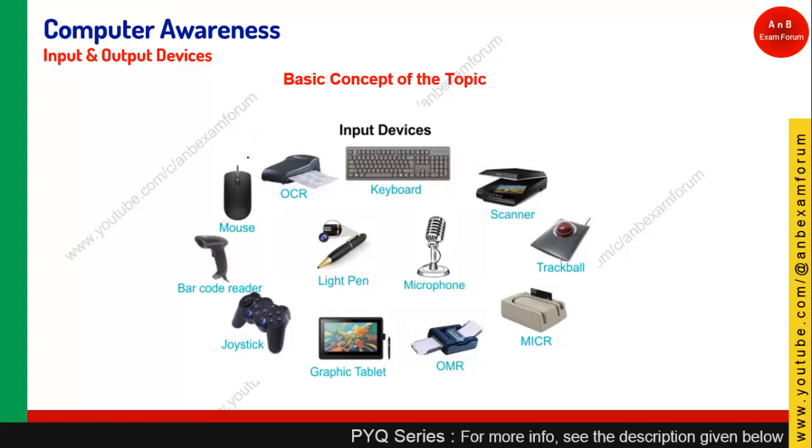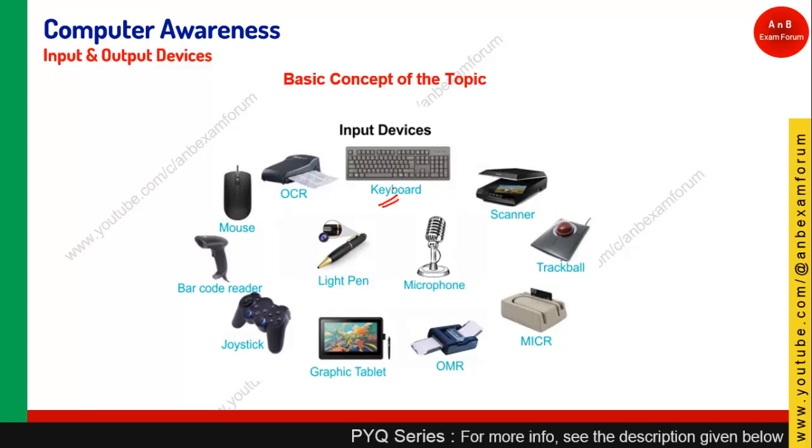In the exam, they generally ask which of the following are output devices or input devices, and at the next level they can ask for details about a particular device. For example, they can ask which of the following is not an output device. So you need to just remember the names of those devices. These are a few input devices which are commonly asked in the exam.